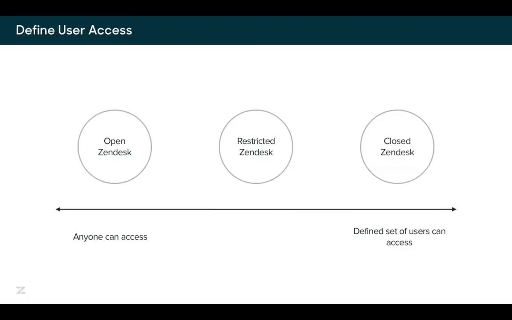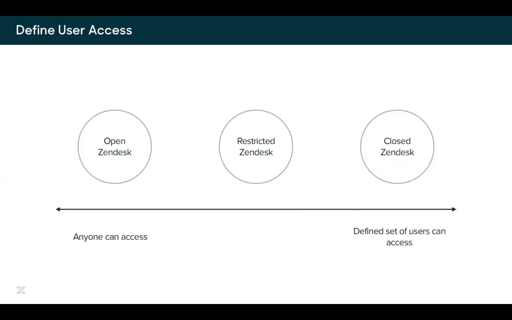And then in between, in this range, the gray area of a restricted Zendesk, you really have a lot of different flexibility and options. Restricted just means that only users with an email address of domains that you approve would be able to submit support requests, or using our whitelist or blacklist feature to define that access in a more granular way would give you something in this range that's between the open and closed Zendesk.